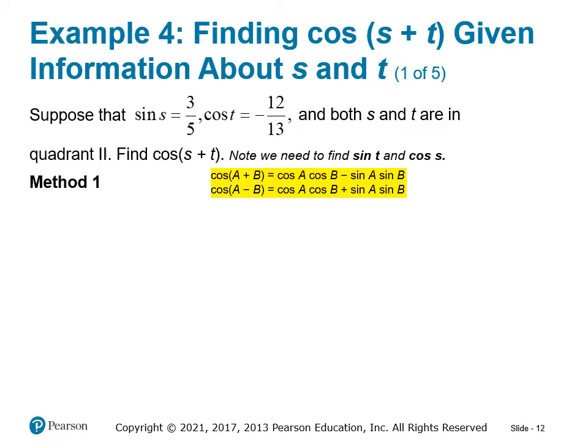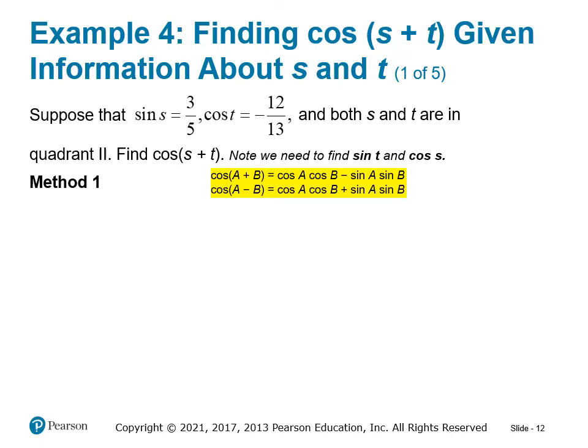Now this is an interesting problem, and we're actually going to solve it in two different ways. Obviously, you do not have to use two different ways, but one method may make more sense to you or be easier for you.